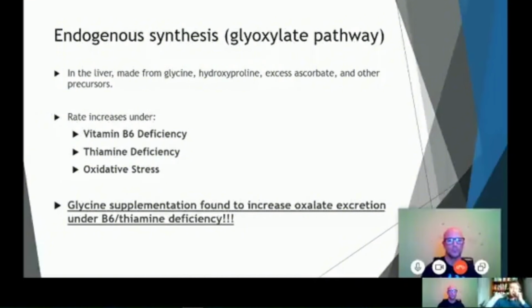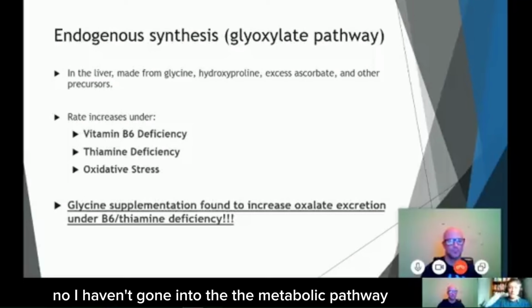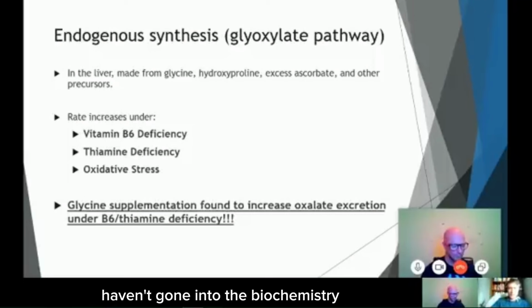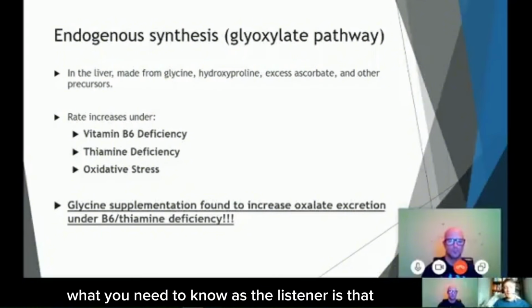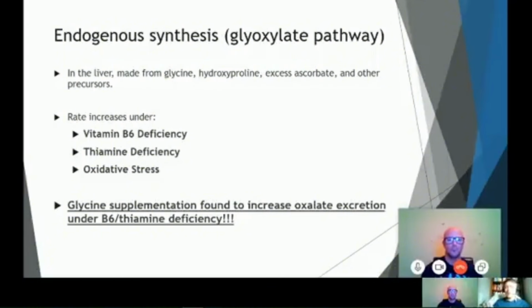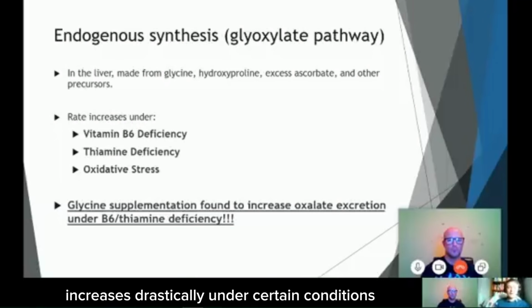However, I haven't gone into the metabolic pathway or the biochemistry. I do that on my channel on YouTube, and I've also done that on my website in an article that I wrote about it. But essentially what you need to know as the listener is that the amount that your body can produce actually increases drastically under certain conditions.